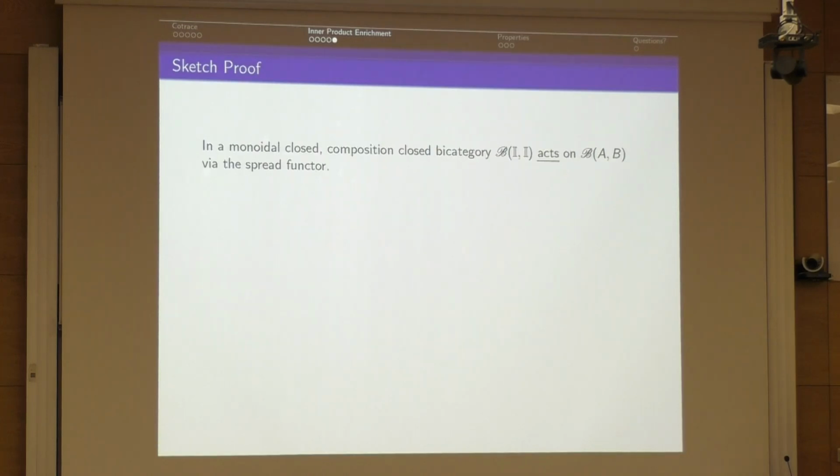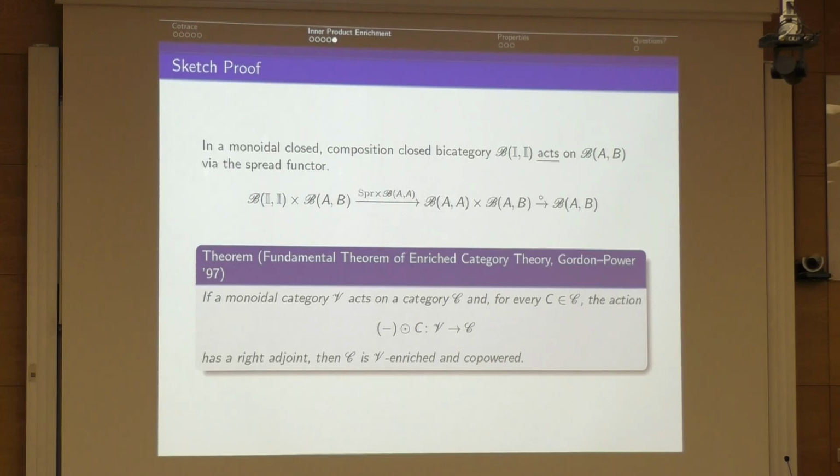And you can use this to basically show that when you take the action of scalars on your Hom categories, so you do this by taking first the spread and then composing, what you get is an action of scalars on each Hom category in such a way that the action is closed. So there's this result which Richard Garner calls the fundamental theorem of enriched category theory. The earliest reference I could find for this was 1997.